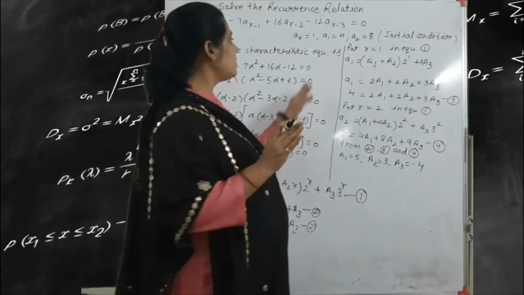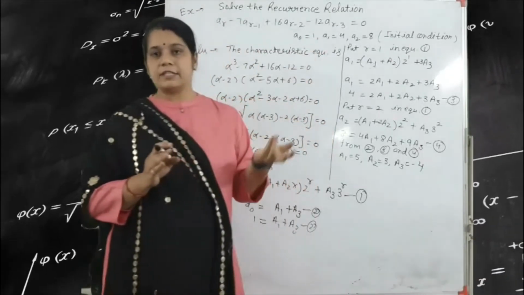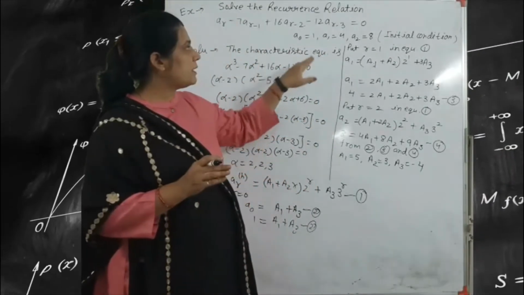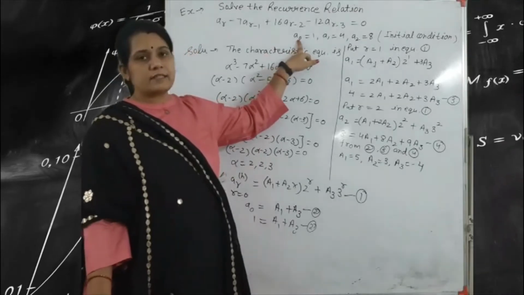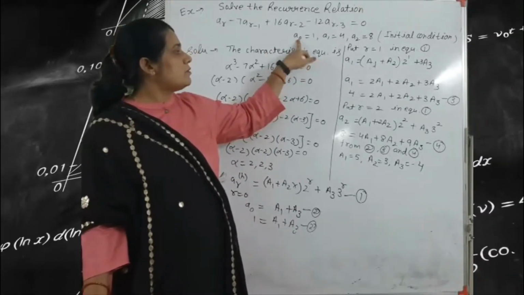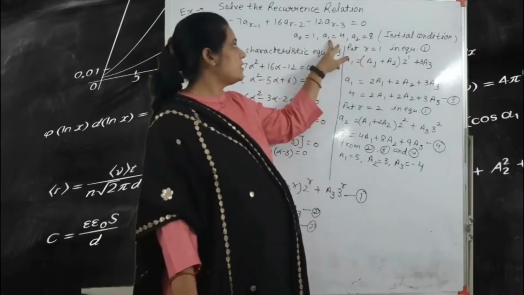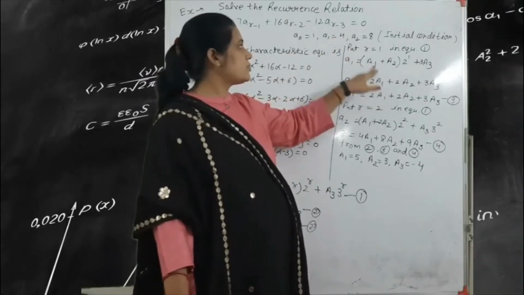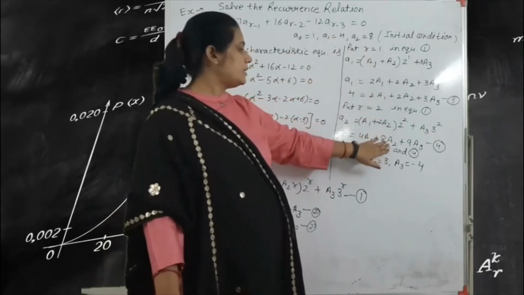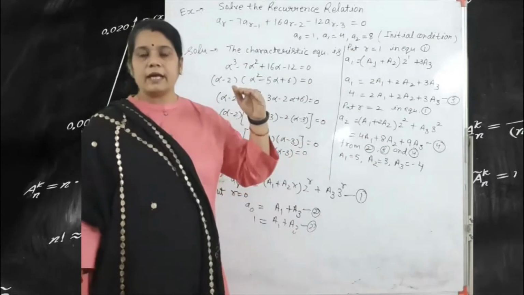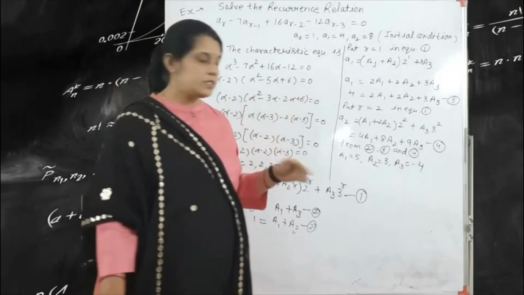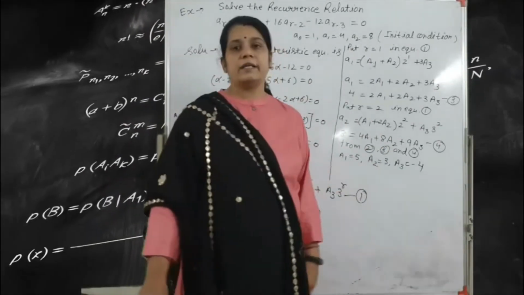If the initial conditions are given, we put them one by one: r equal to 0 gives this equation, r equal to 1 gives this equation, and r equal to 2 gives this equation, and with the help of these three equations we find out a1, a2 and a3.